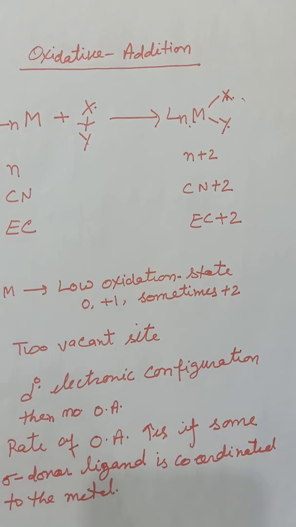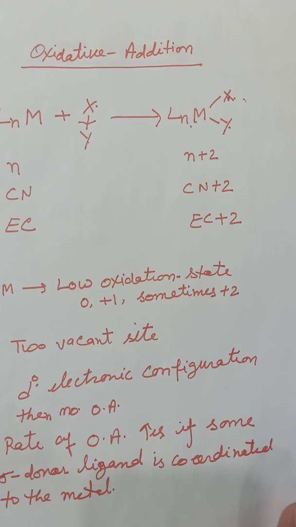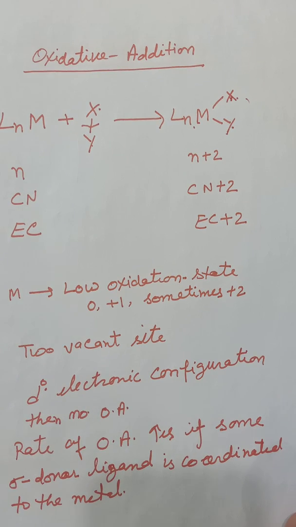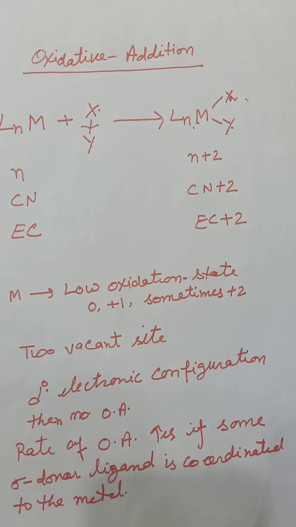Now why is this? Because the sigma donor ligand will increase the electron density of the metal, and when the electron density of the metal increases, it will give electrons easily to the ligands, and hence the rate of the reaction will increase.